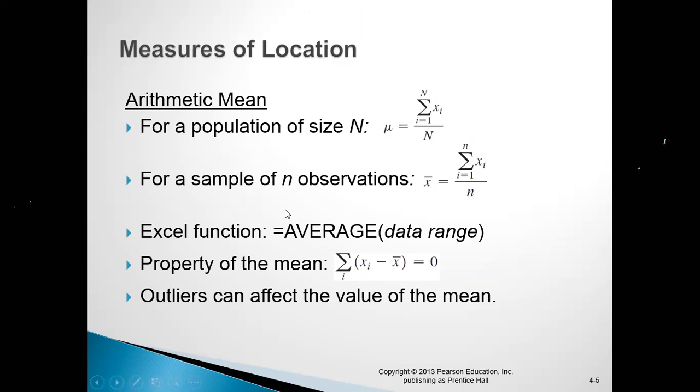Then this one is the formula for the sample, where we denote the mean by x bar. Here the population mean is denoted by mu, right?